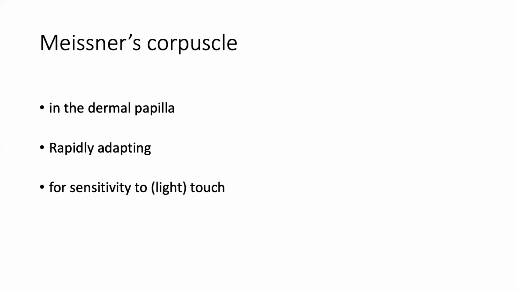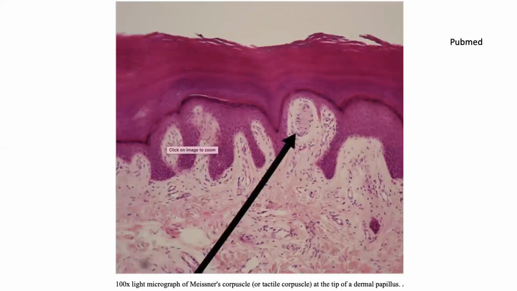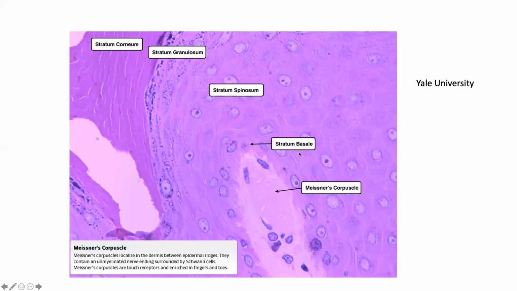Of course, it might not be as light as the Merkel cell, but it is still some form of light touch. This 100 times light micrograph is showing the Meissner corpuscle in the dermal papilla. And again, here is the Meissner corpuscle in the dermal papilla.